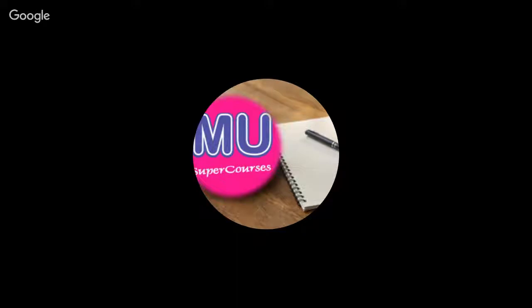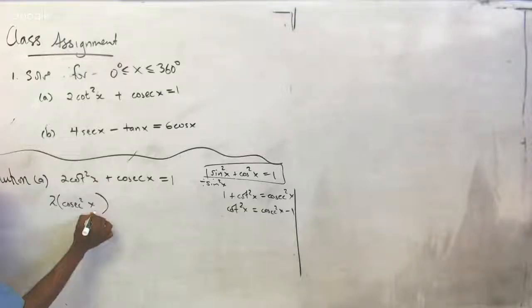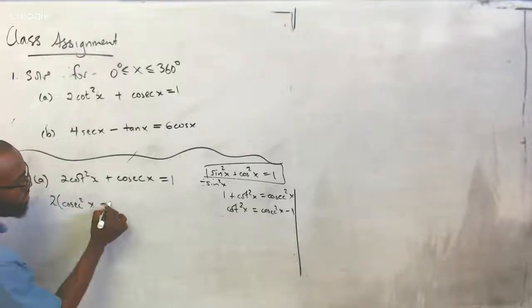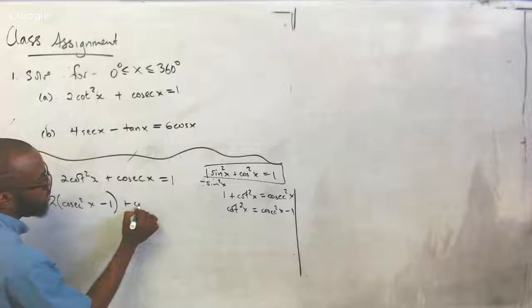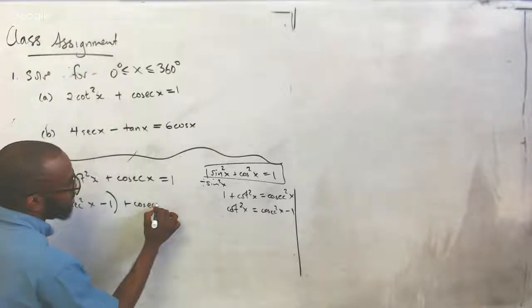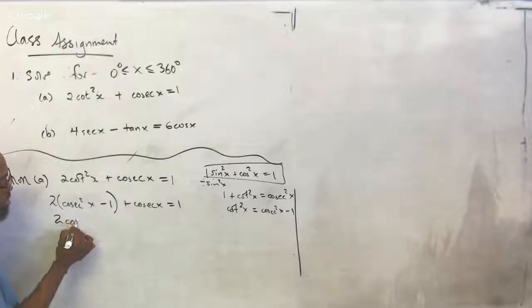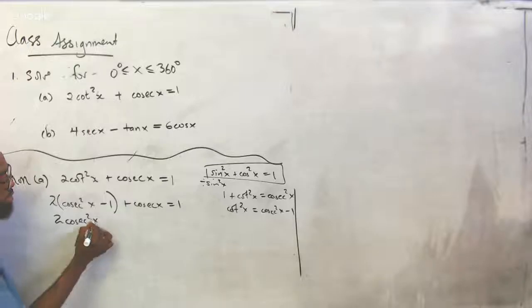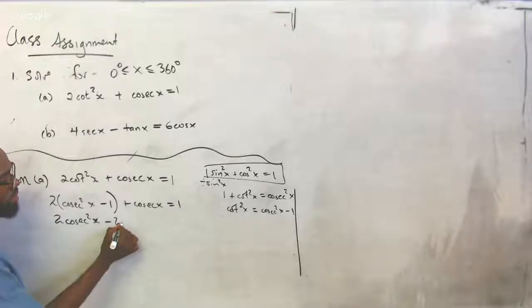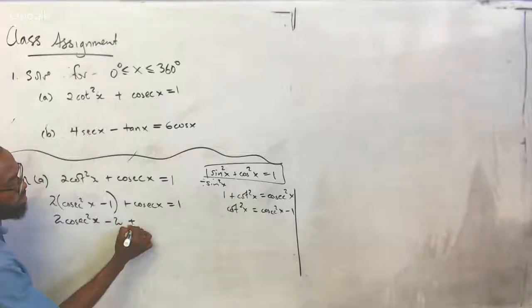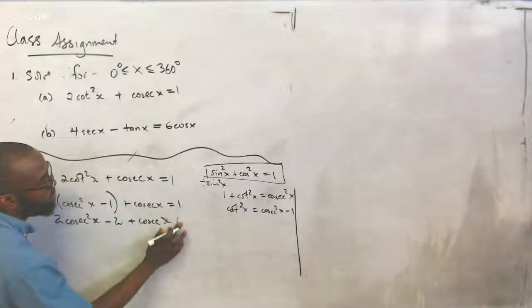Everybody follow that? So in this case, this is 2 in bracket cosecant squared of x minus 1 plus cosecant of x equal to 1. Good? Having done that, I expand further. 2 cosecant squared of x minus 2 plus cosecant of x equal to 1.